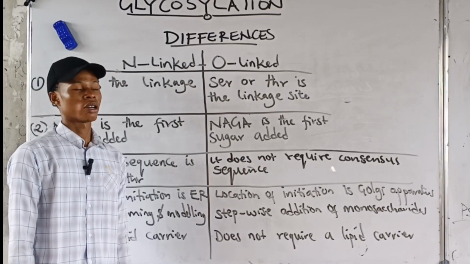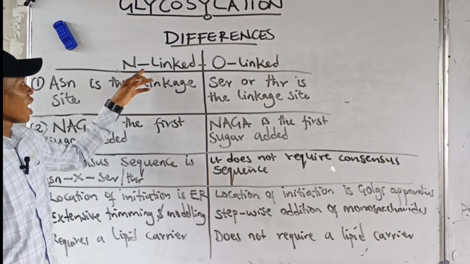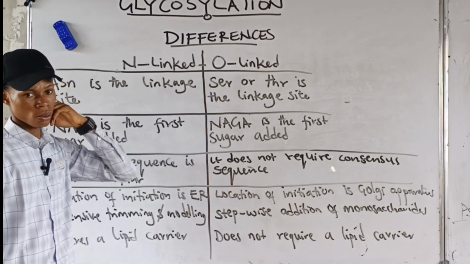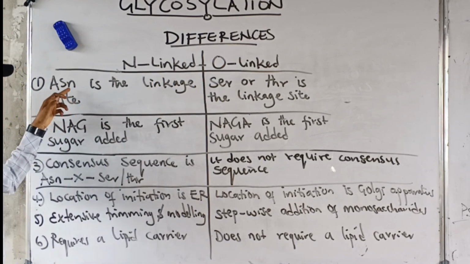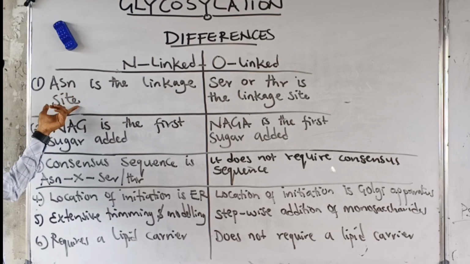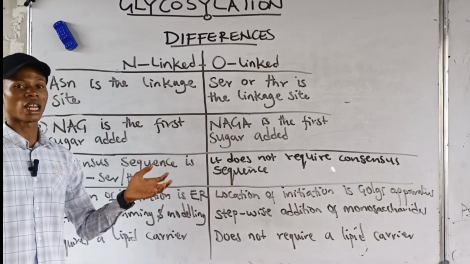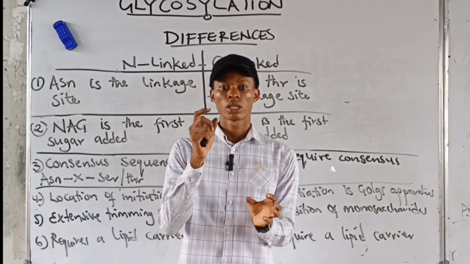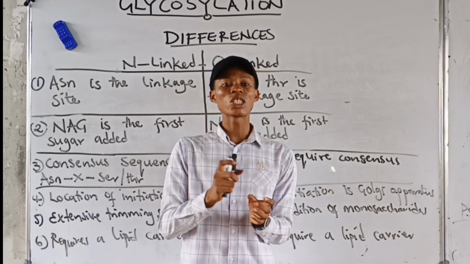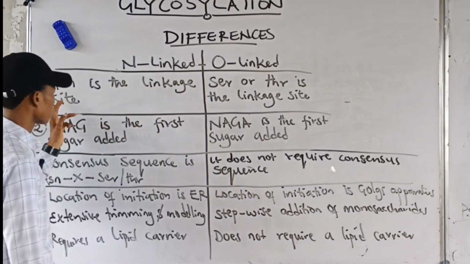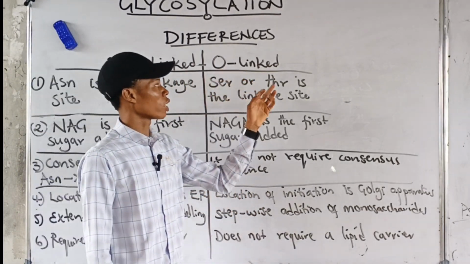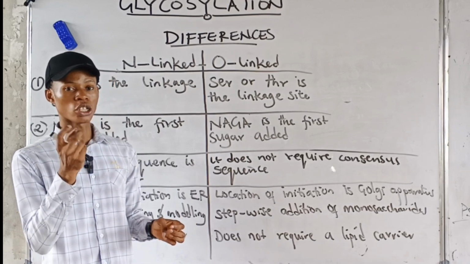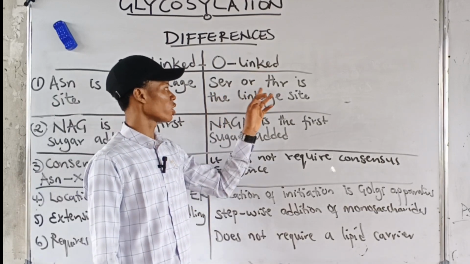All right, let's look at the differences between N-glycosidic linkages and O-glycosidic linkages. One, the linkage site. Remember that in N-glycosidic linkage, the oligosaccharide is linked to the amide nitrogen of asparagine, while in O-glycosidic linkage, the sugar is linked to the hydroxyl group of either serine or threonine.